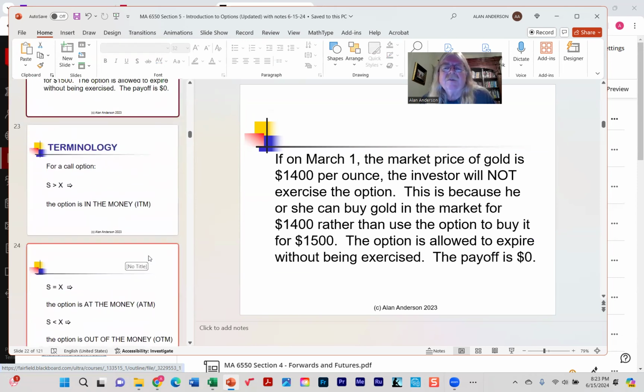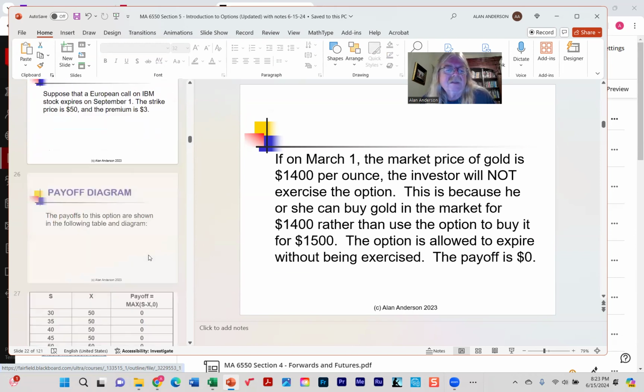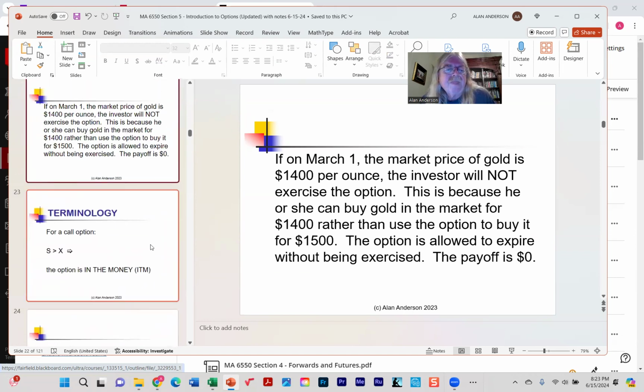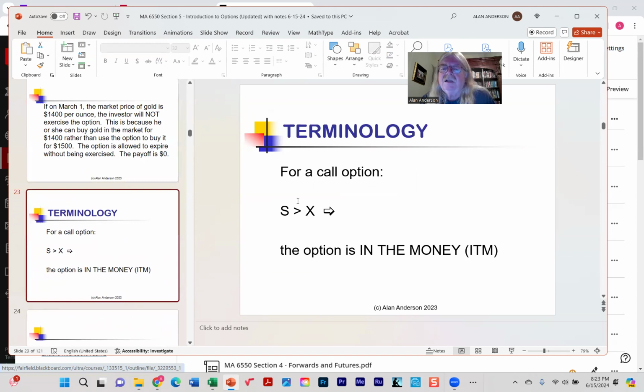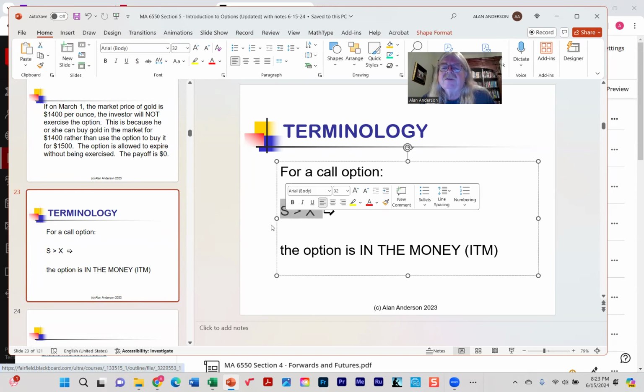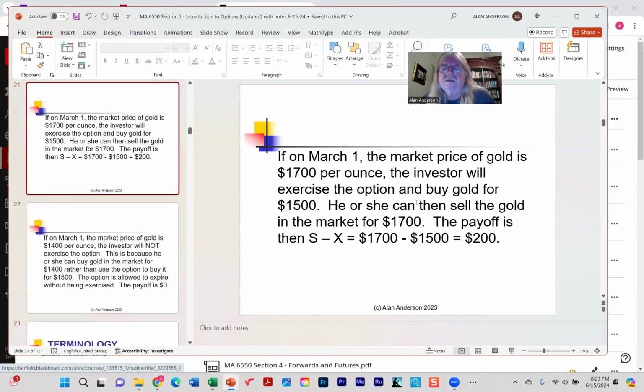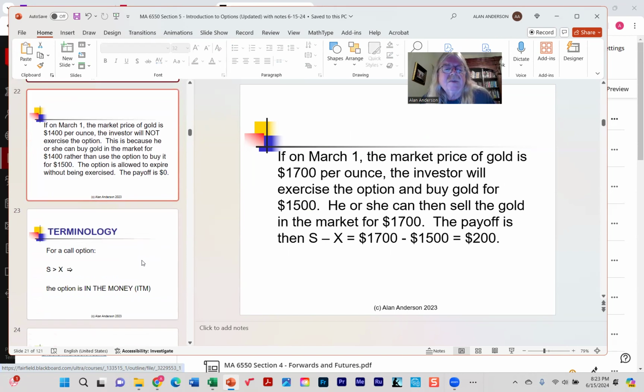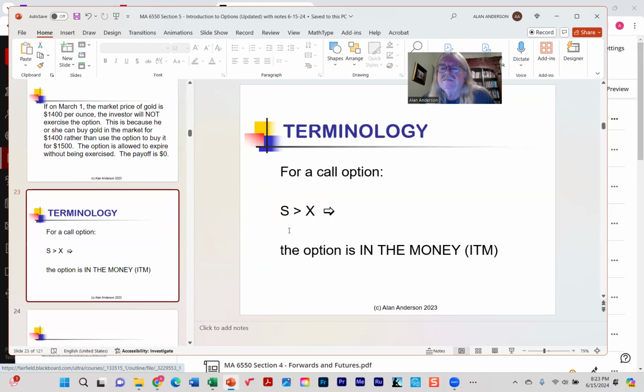Now, here's some terminology that you hear sometimes. In the options markets, for a call option, if the spot price is above the strike, like it was here, then the option is said to be in the money.